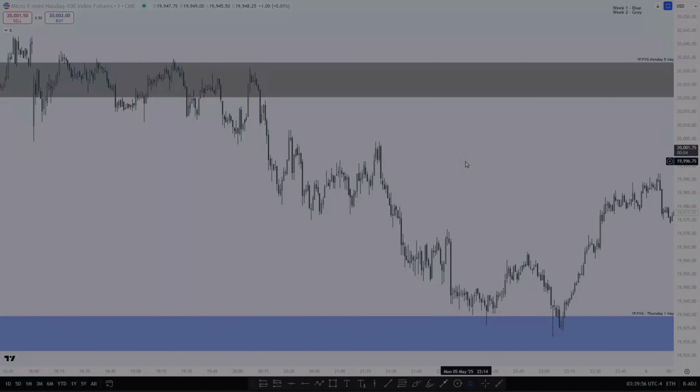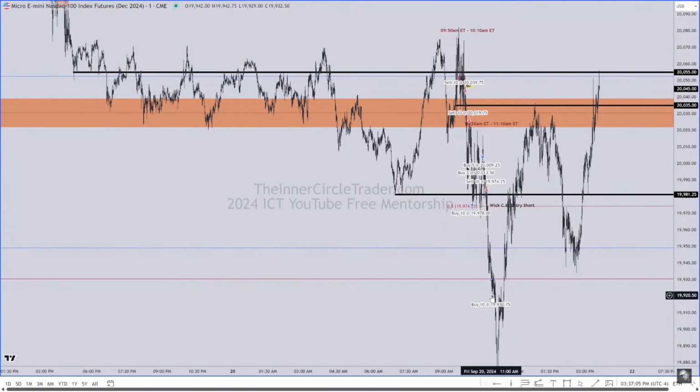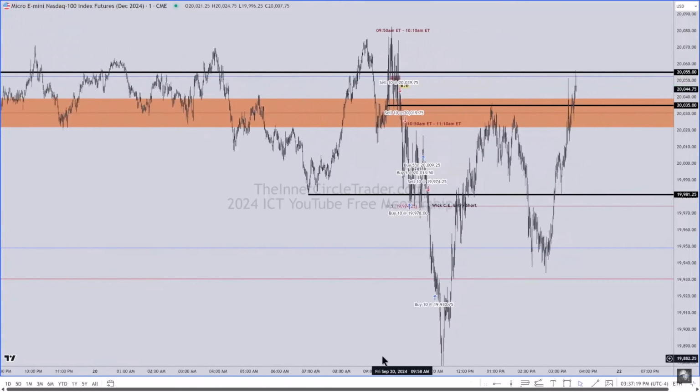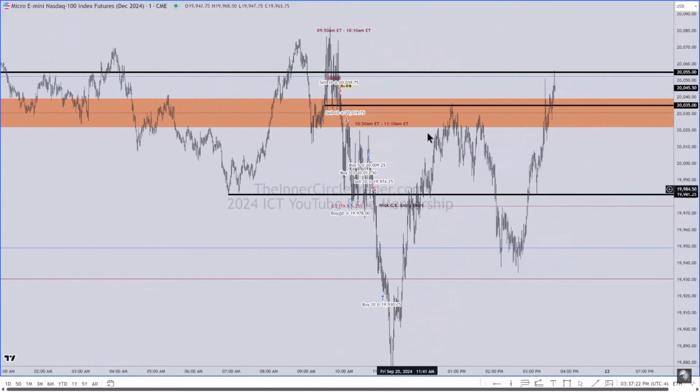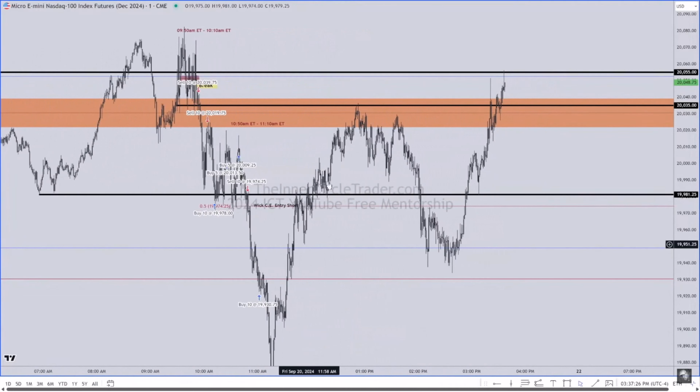Okay, let's see it. And there's my exit right there. It slipped a little bit. 19,930.75. So that's not bad. It's pretty close, right? Close enough for government work, right? But all this drop here, I don't need that. You don't need that either. And then what does it do? It starts to rally right back up. So all these things drawing right back up into yesterday's first presented fair value gap. Drops, rallies back up. What's it working?